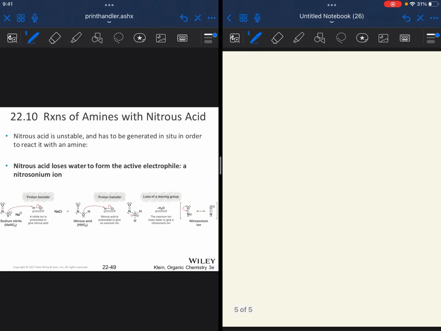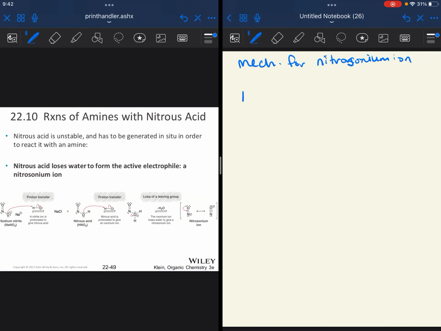So let's look at what they're actually doing. You're making something called a nitrosonium ion. Again, we're not even touching the amine yet.